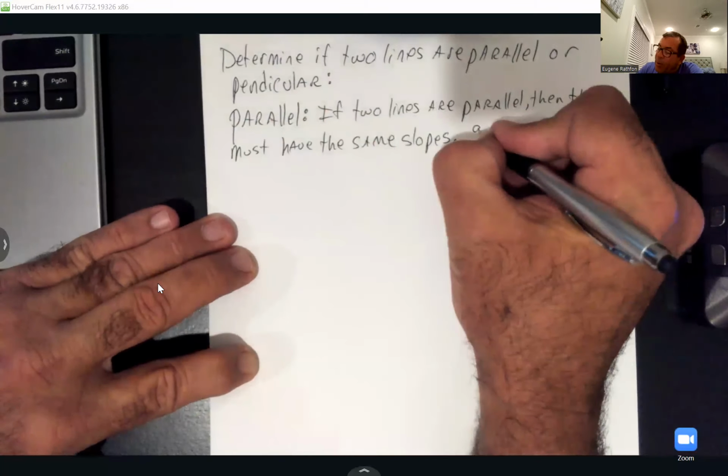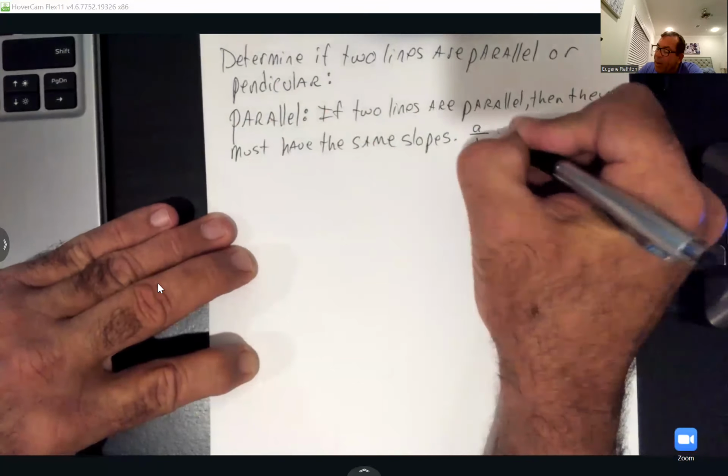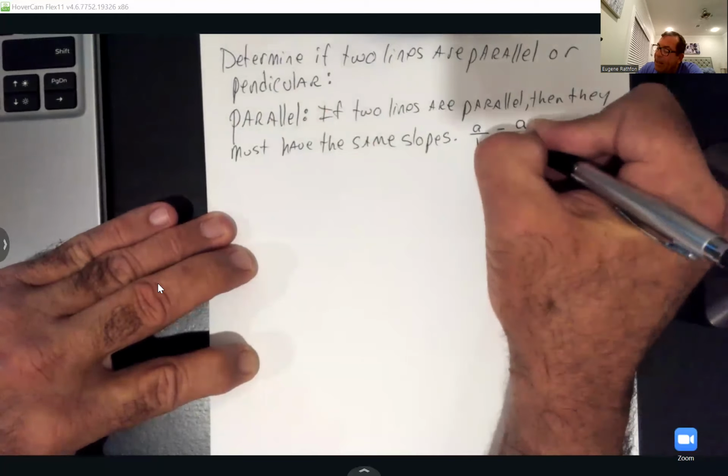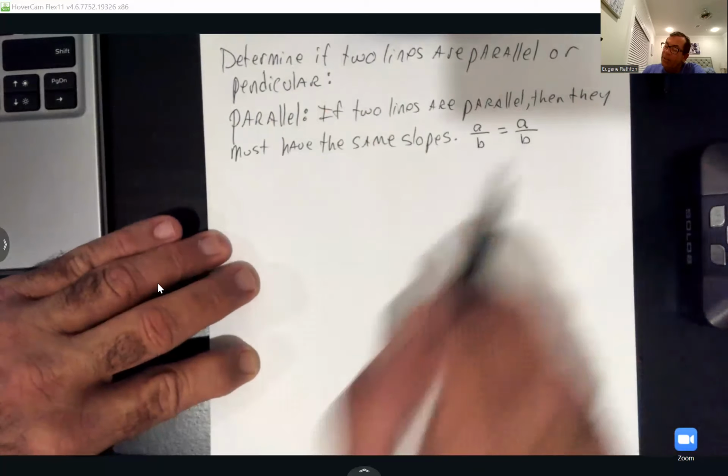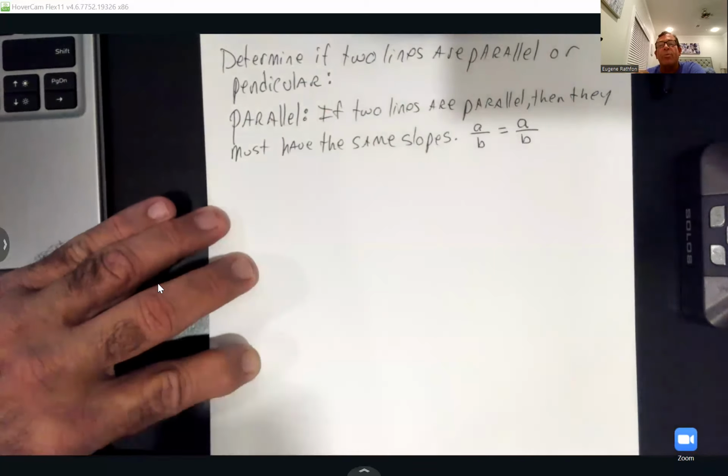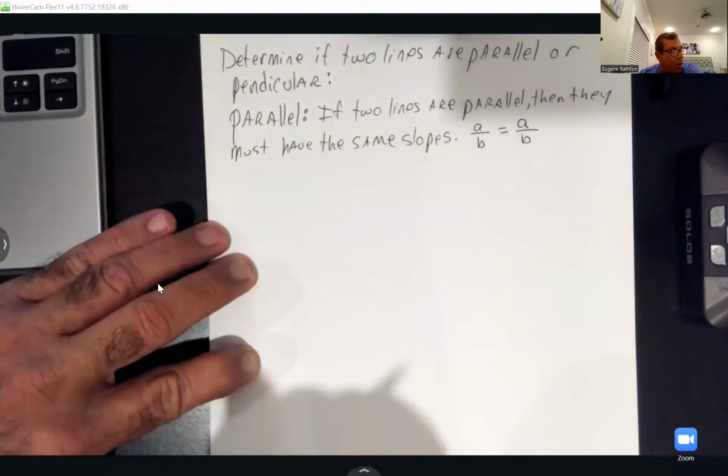That means the slope of your first line, A over B, has to exactly equal the slope of your second line. So all I got to do is know what the slopes are to determine if they are parallel.